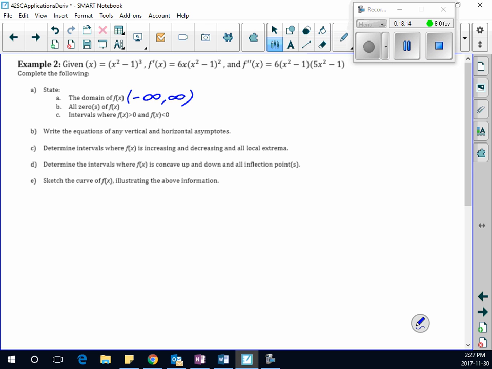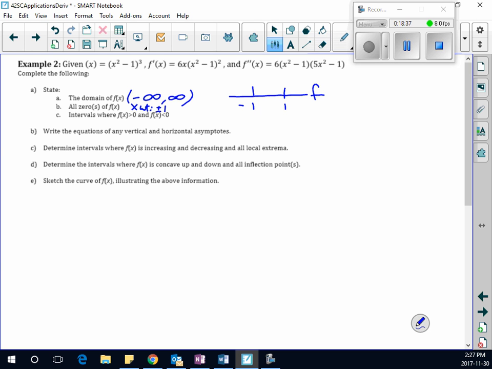The zeros, what would the zeros be? Yes, ±1, very good. The x-intercepts are ±1. So we're going to do a little sign diagram for f, and we're going to have ±1 there. And where is it negative and positive?